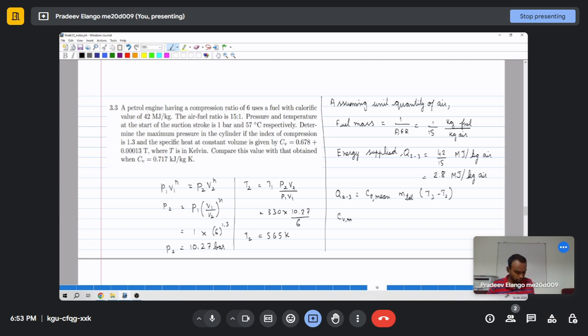Here Cv mean can be written as 0.678 plus 0.00013 into T3 plus T2. So this one is 2800 kilojoules.